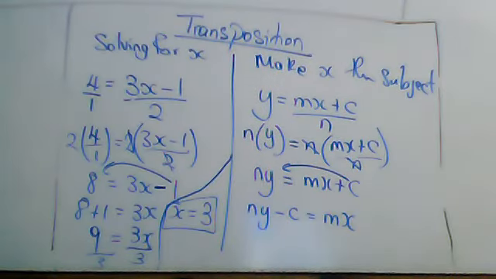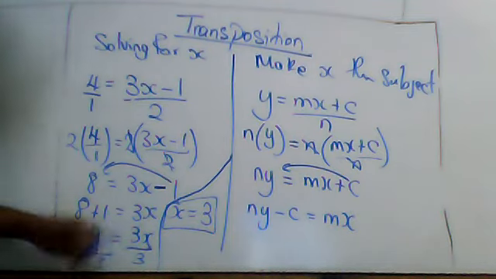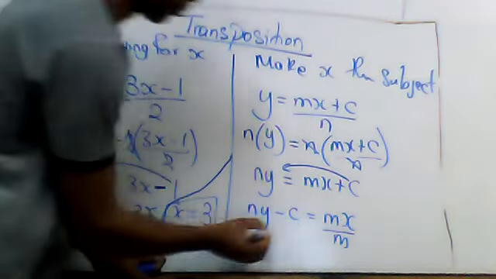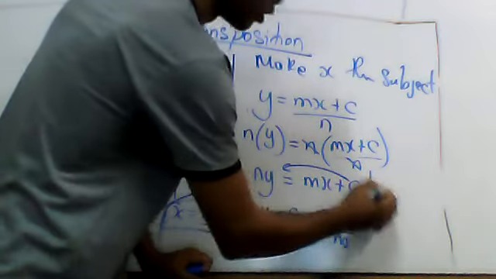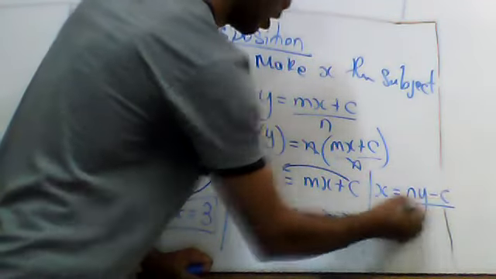Then we're going to divide both sides by m, because on this side we're making x the subject. So m will cancel m, so x is equal to ny minus c all over m.